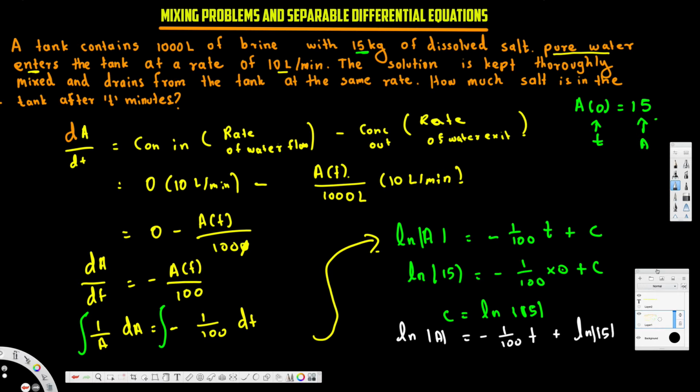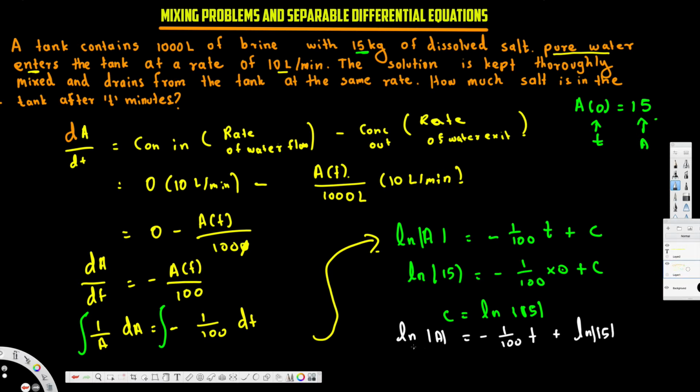Now to get rid of this ln, we can raise e to the power of all of them. e and ln cancel each other, and we end up with A equal to e to the power negative 1 over 100 t times 15. Finally, we can express this as A equals 15 e to the power negative t over 100. This is the particular solution for this differential equation.